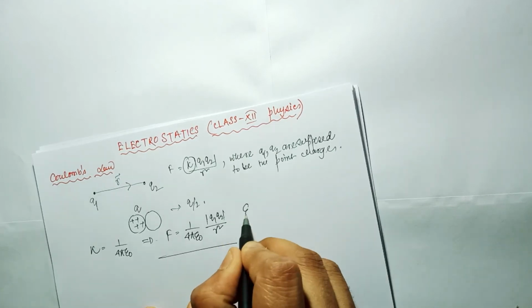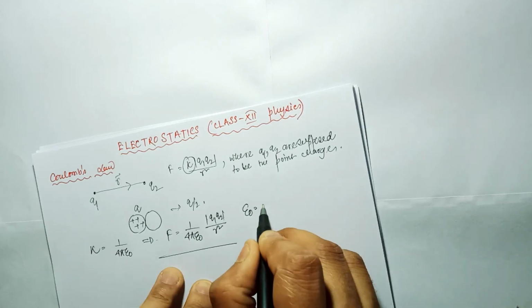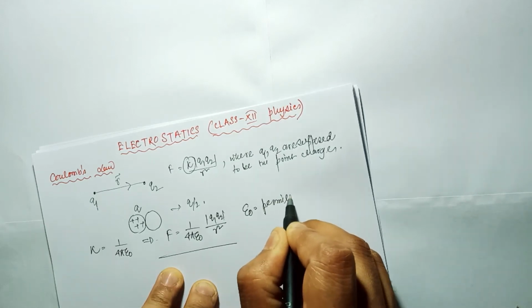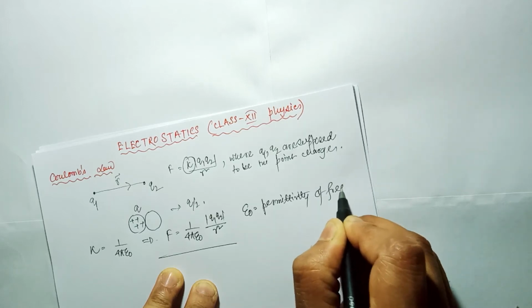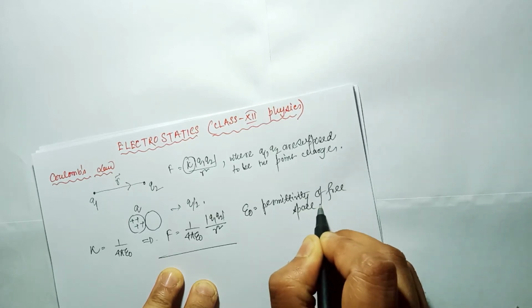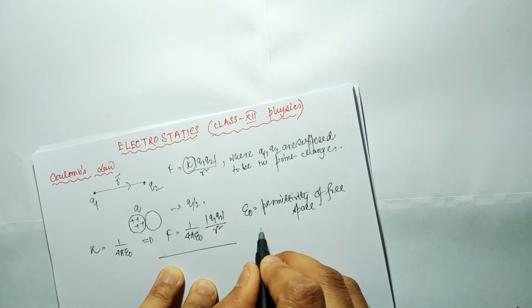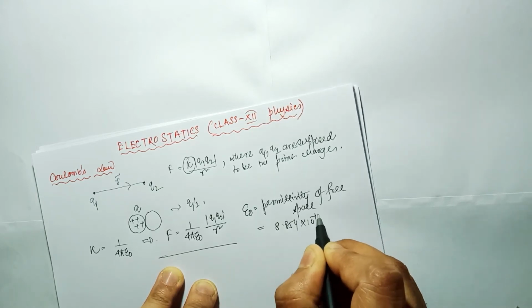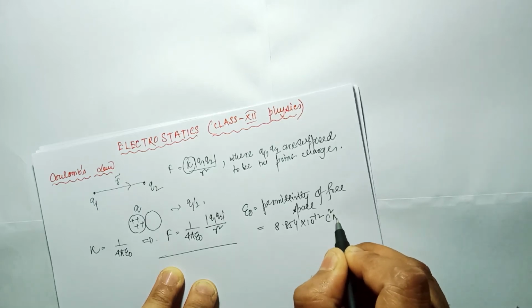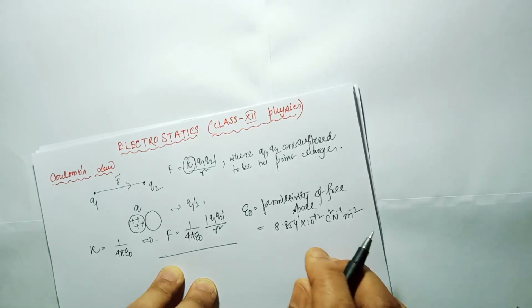Epsilon naught is called the permittivity of free space, and its magnitude is equal to 8.854 into 10 to the power minus 12 C square Newton inverse meter to the power minus 2.